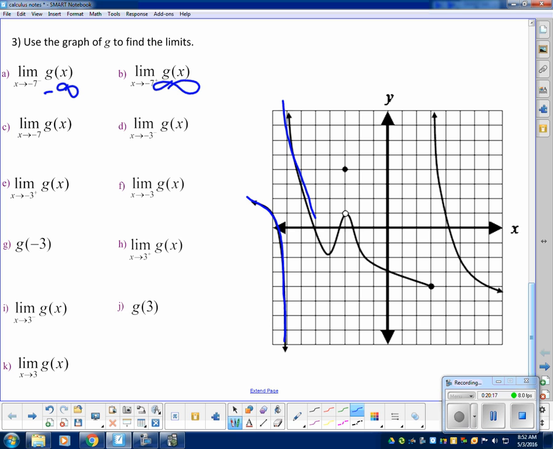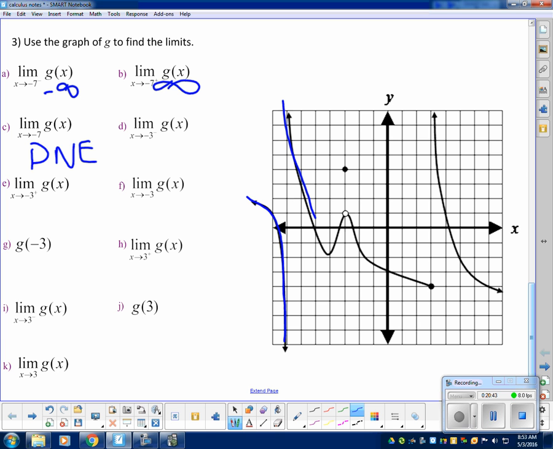It doesn't exist because from one side it's headed to negative infinity, the other it's headed to positive infinity, so we'd write DNE. It does not exist. Okay? So limit on the left, limit on the right, going to different places, so the limit at that point does not exist.